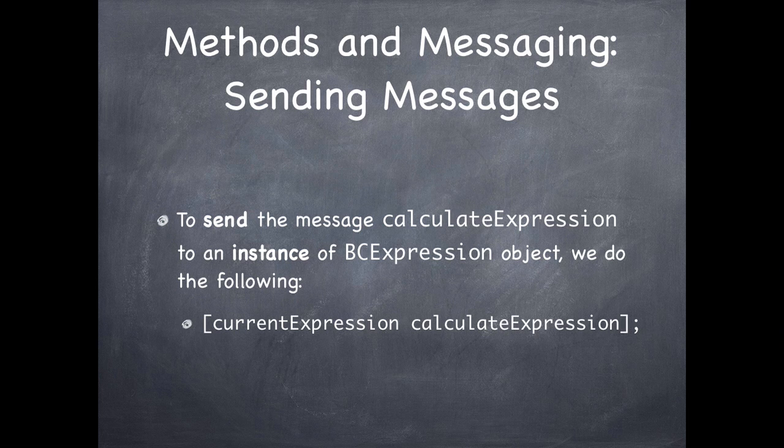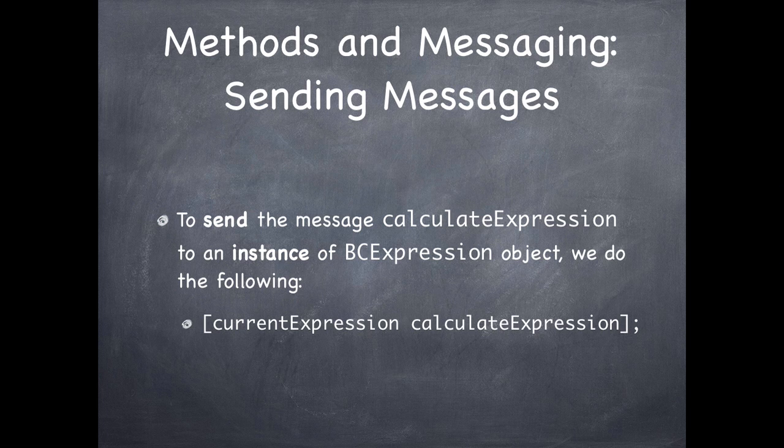Current expression, as you can see from the subpoint, is a type of BC expression. So I made an instance of BC expression so that I can apply it to calculate expression. It makes sense logically as well, because I want to make an expression that holds the first number, the second number, and the operation that I would want to apply.